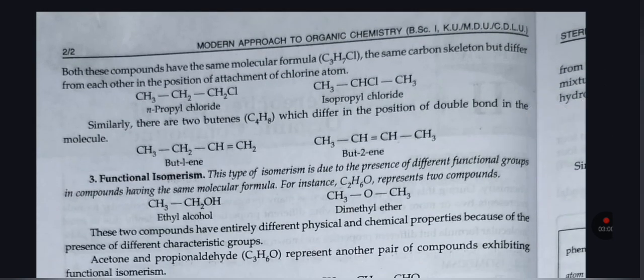Both these compounds have the same molecular formula C3H7Cl, the same carbon skeleton, but differ from each other in the position of attachment of chlorine atom. n-Propyl chloride, isopropyl chloride.